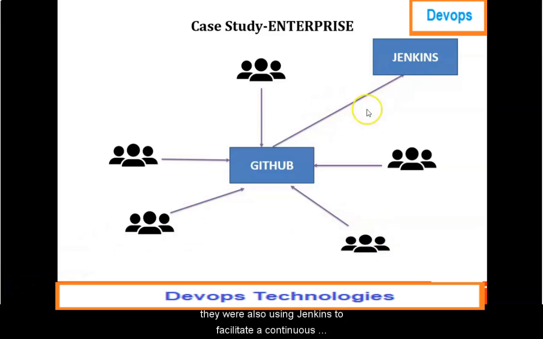They were also using Jenkins to facilitate a continuous integration environment, and in order to continuously deliver their software, they adopted GitHub as a version control platform. So Git actually facilitated a lot of things for the enterprise, and they were able to incorporate a continuous integration environment with Jenkins.